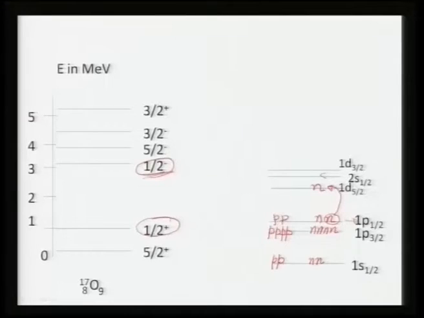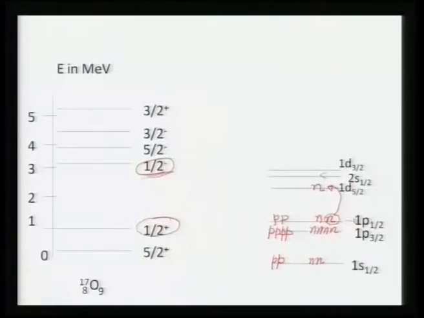No. Now, breaking a pair needs energy, right. Making a pair saves energy, and breaking a pair needs energy. So, if I look at this 1/2 minus state, which is obtained by first breaking a pair and then taking this neutron up, the difference is more than 2 MeV.